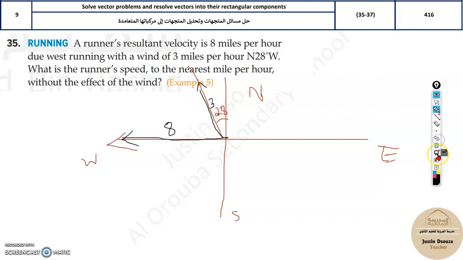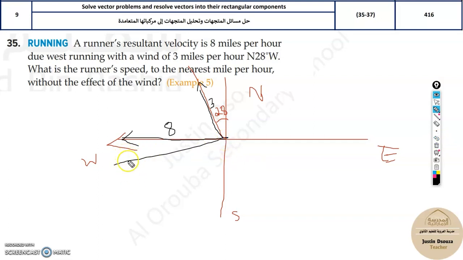So you can translate this wind. You need to understand this is the resultant, that means this is the final position. The wind is going in this direction, isn't it? So the runner was running somewhere over here.